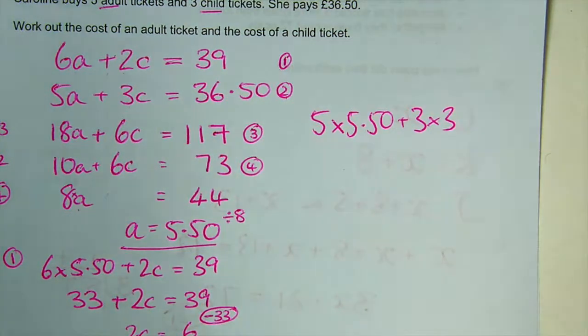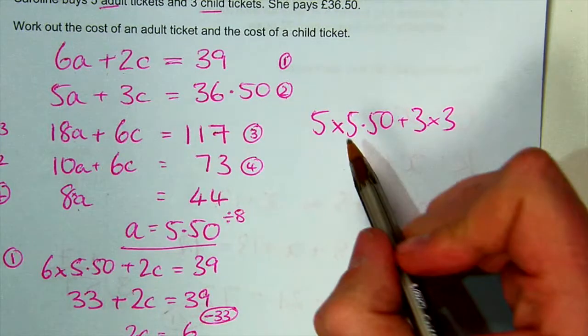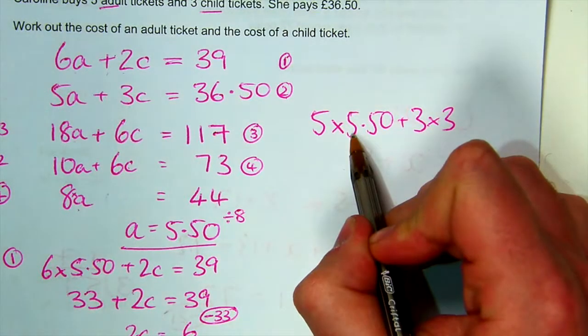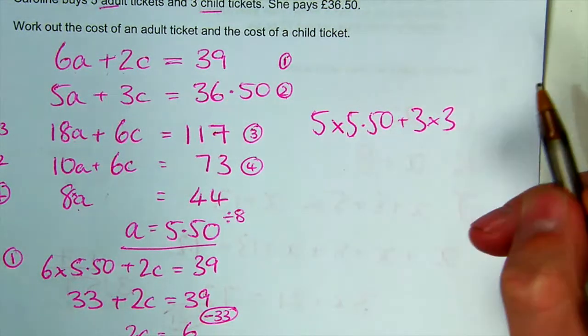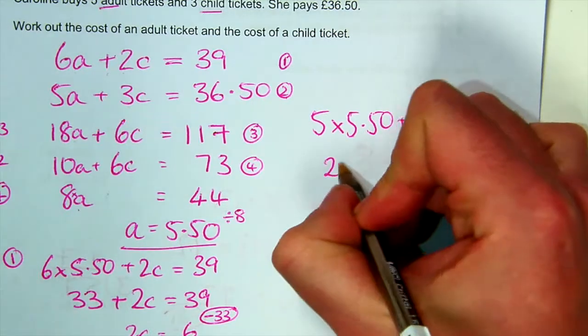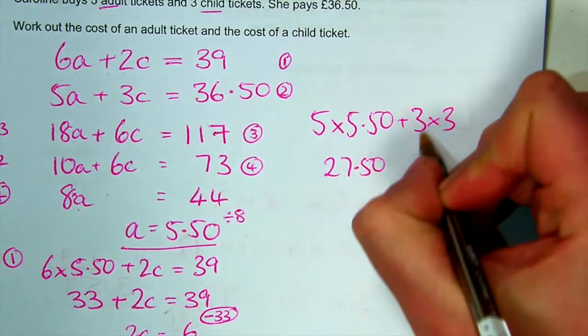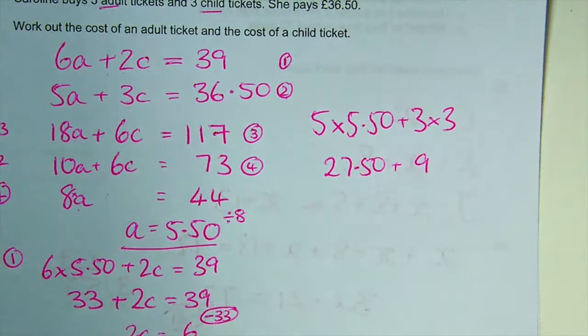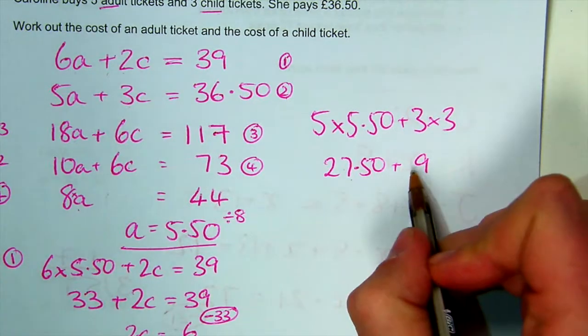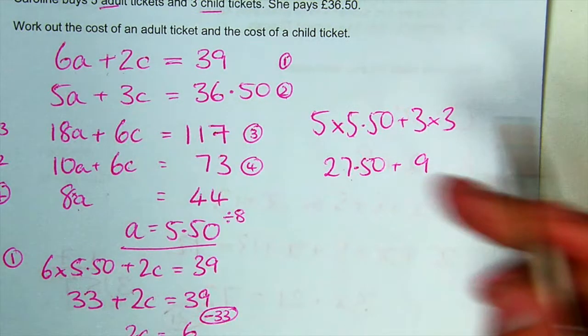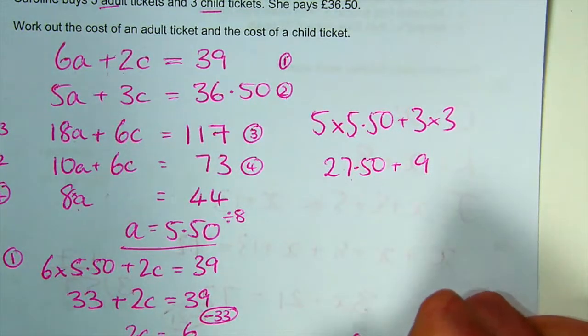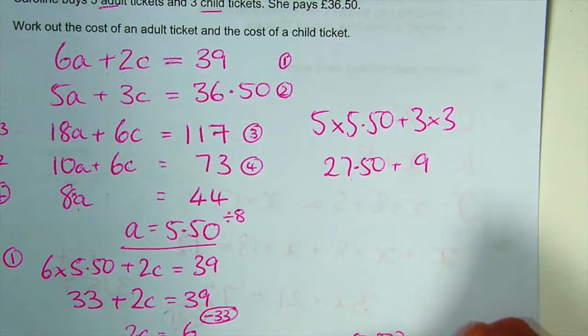On a calculator paper, I can just type that in. If it's non-calculator, I have a bit more work to do. 5 times 5 is 25, and 5 50p's is £2.50, so that's £27.50. 3 times 3 is 9, and £27.50 plus £9 gives me £36.50. So not only do I drop my answers into the answer line, I can move on to the next question knowing that I have definitely picked up 5 marks.